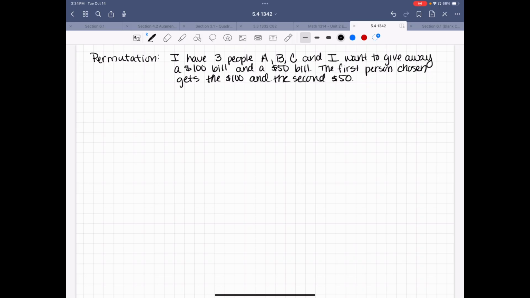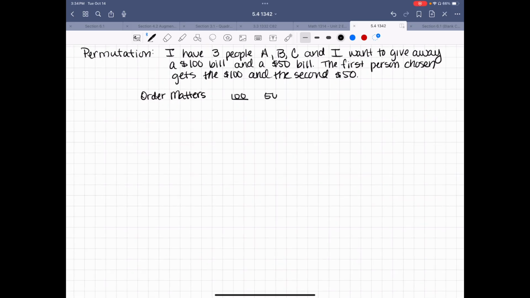Okay, so here, order matters. We have the $100 bill, we have the $50 bill. So A could get the 100 and B could get the 50. A could get the 100 and C could get the 50. B could get the 100 and A could get the 50.